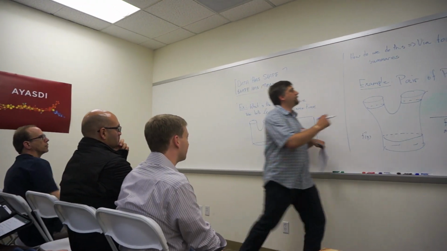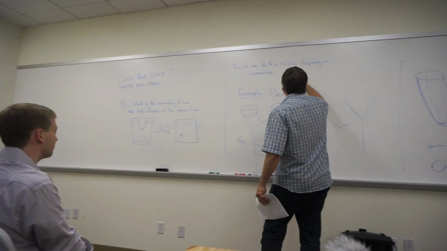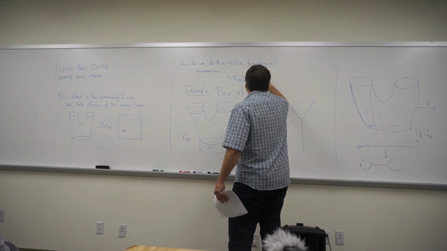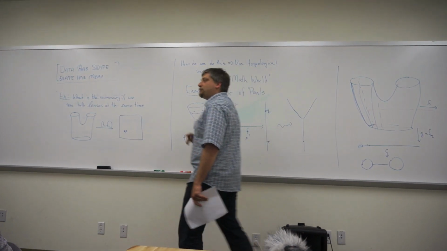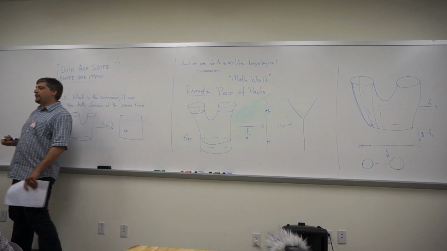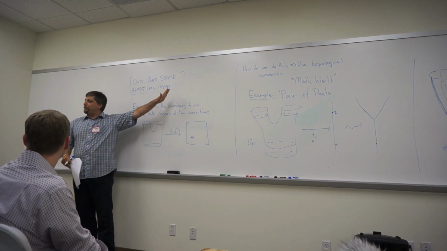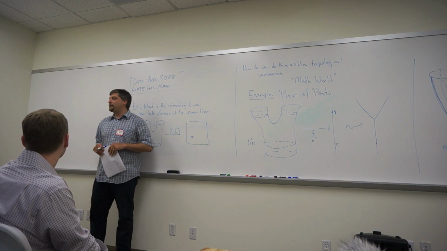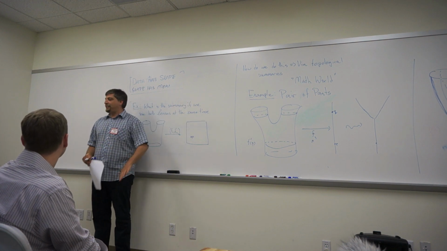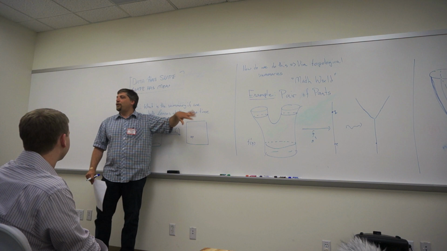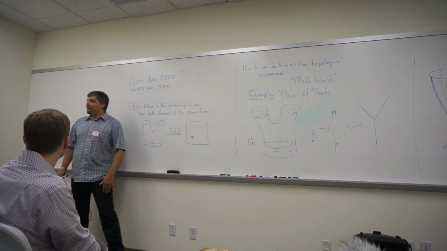This is math world, not data world where things are discrete. This is math world where they're continuous, where you have an infinite number of data points. That's the shape of pants, a manifold if you want, a manifold with boundary, if you like those terms or not. But there's an infinite number of points, it's smooth, it's connected, whatever you want.